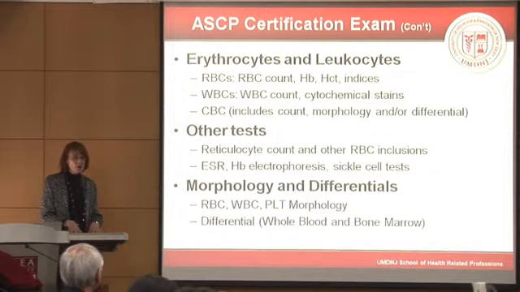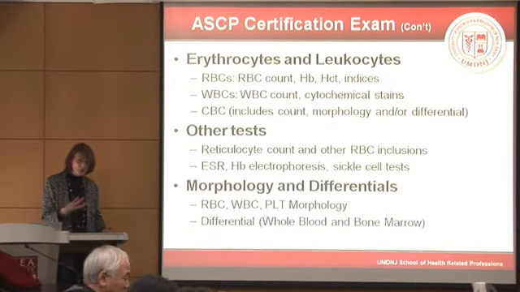We have a new affiliation with Memorial Sloan Kettering Cancer Center, and they generously give us samples because they have quite a diverse case mix of leukemia. So those types of resources are very important so that the student can visualize them under the microscope.